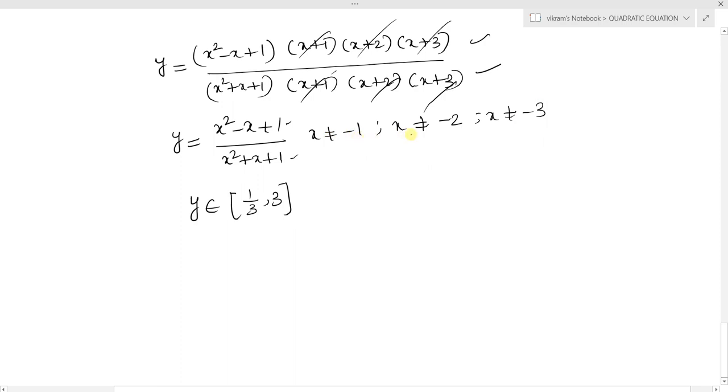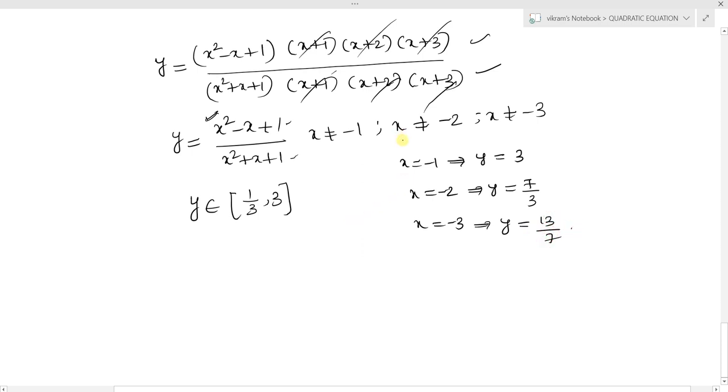Now substitute these x values in the obtained function. If x equals minus 1, then we obtain y equals 3, and if x equals minus 2, we obtain y equals 7 by 3, and if x equals minus 3, we obtain y equals 13 by 7.